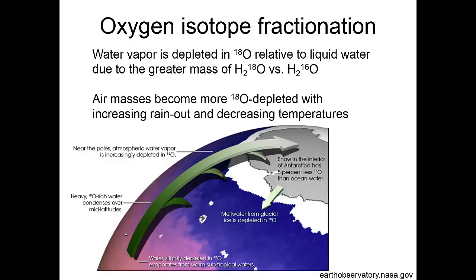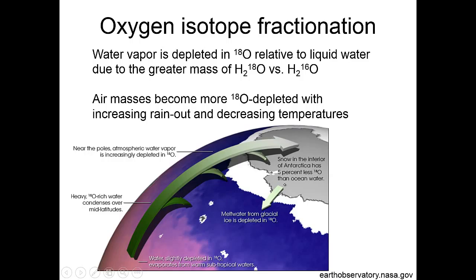By the time this water vapor goes along a long transport path to a high latitude site like Antarctica, it's lost a large amount of its oxygen 18, and so has a very negative delta 18. Because of this, ice sheets are not built from a representative sampling of the oxygen isotope composition of the sea around them. Instead, they have quite negative delta 18 compositions.